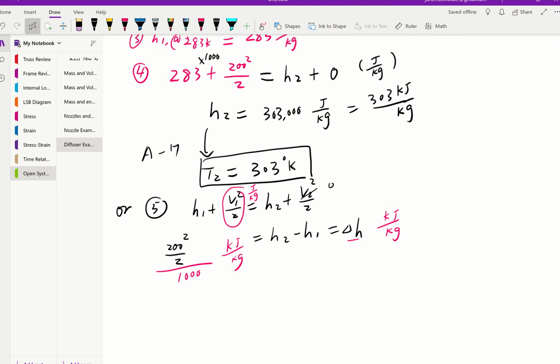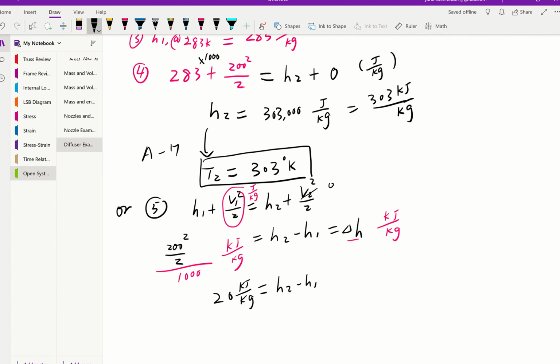So now we're going to find our H2 minus H1, which is going to be equal to 200 squared divided by 2, then divided by 1000. That will give us 20 kilojoule per kilogram.